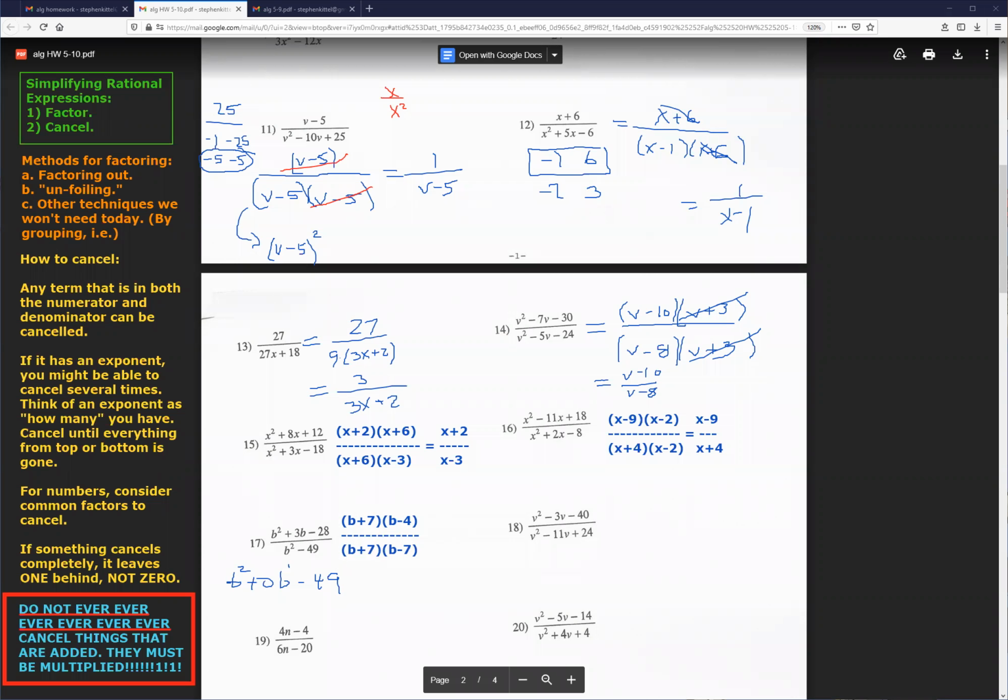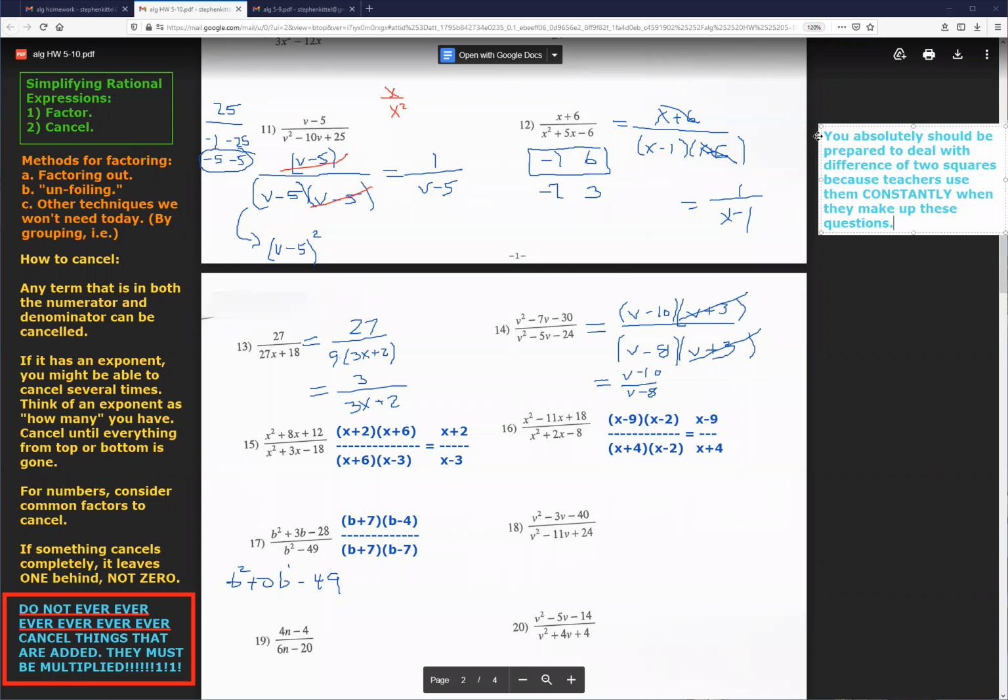This is called a difference of squares. You absolutely should be prepared to deal with difference of two squares because teachers use them constantly when they make up these questions. Questions of this type are always rigged. They're designed to cancel down a bunch. It's going to be exceedingly rare to have something where nothing cancels.